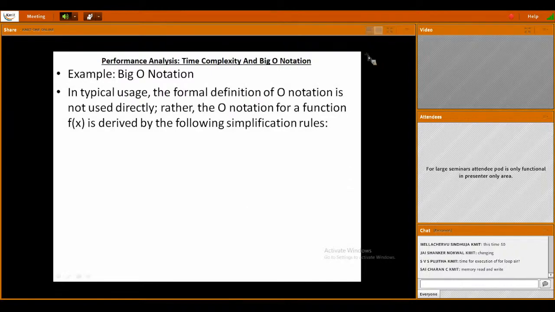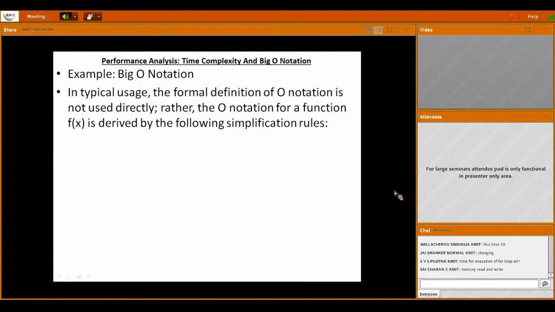So since it is something which is constant, it can be ignored. That's what we are going to finally come to the conclusion. Something which is constant can be ignored because that constant anyhow is going to be there. But what is going to be most significant is the loop and how many times the loop is going to be iterated.